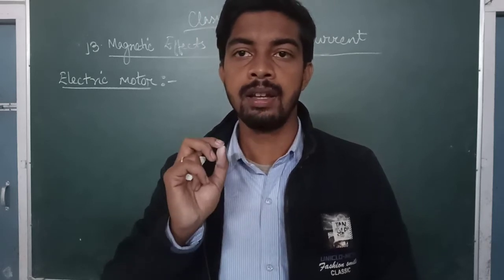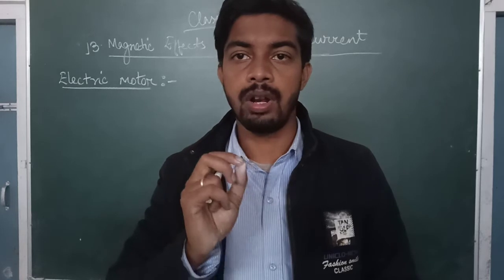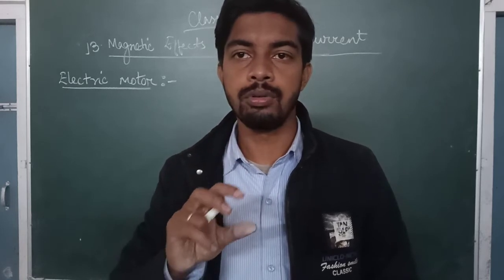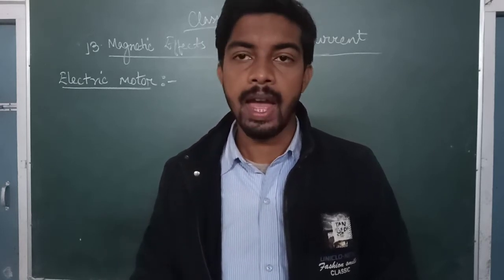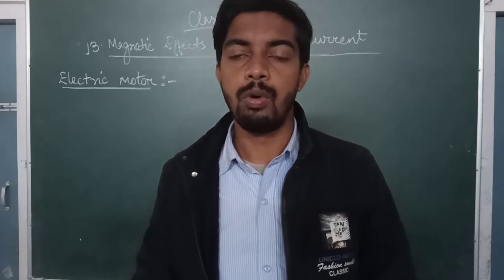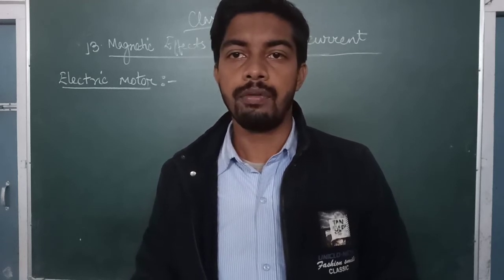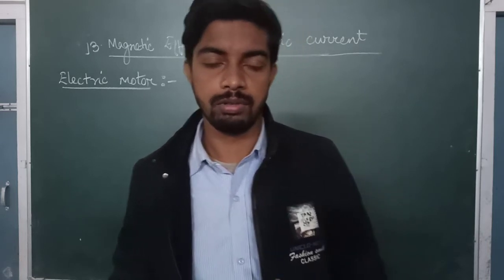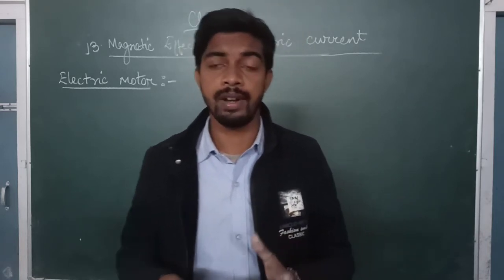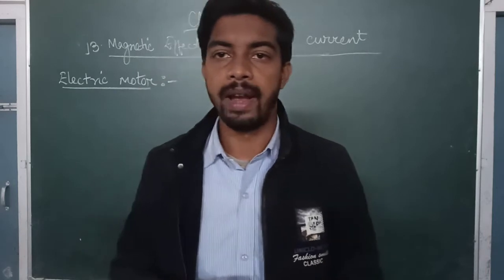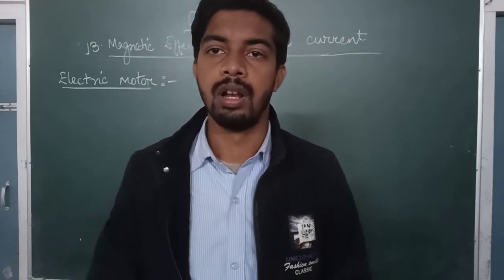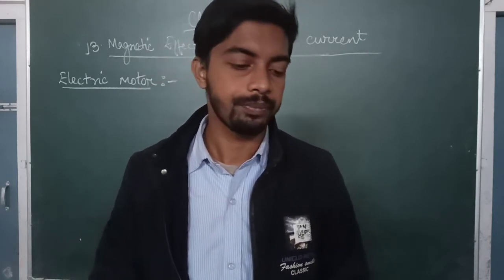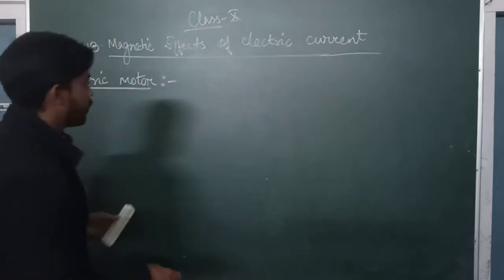An axle is a type of circular rod which helps to hold things properly. And electric motor works on the principle of force generated on a conductor when it is placed in a magnetic field. That topic we learned in the previous video. So let us see how it works.